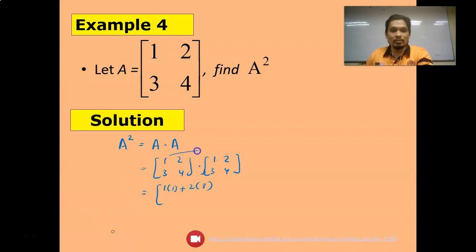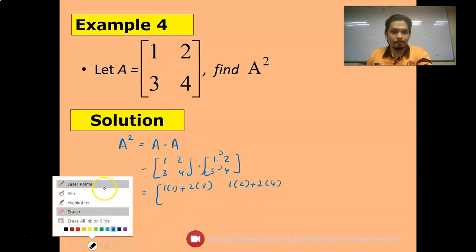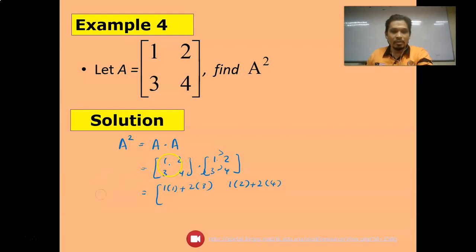Then 1 multiplied with 2: 1 times 2 plus 2 times 4. Next, we complete the first row, 1 and 2, multiplied with the first column, 1 and 3, and 2 and 4. 1 times 1, 2 times 3.